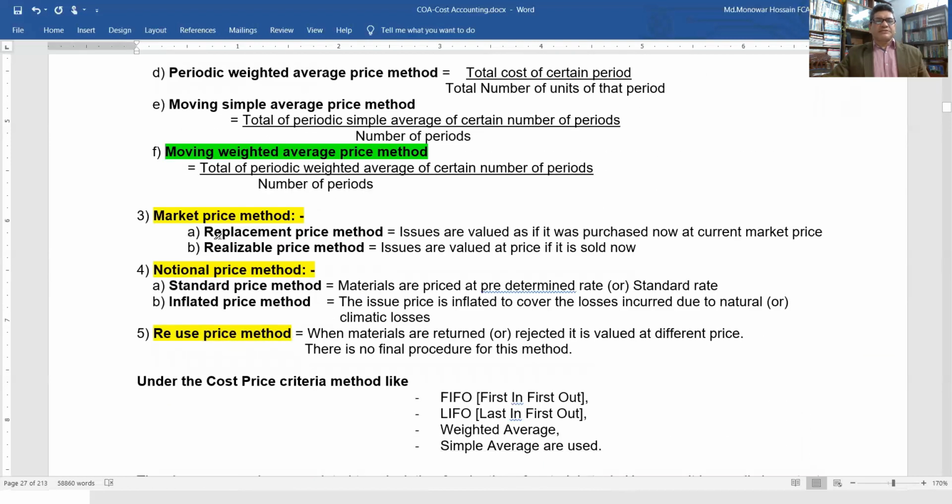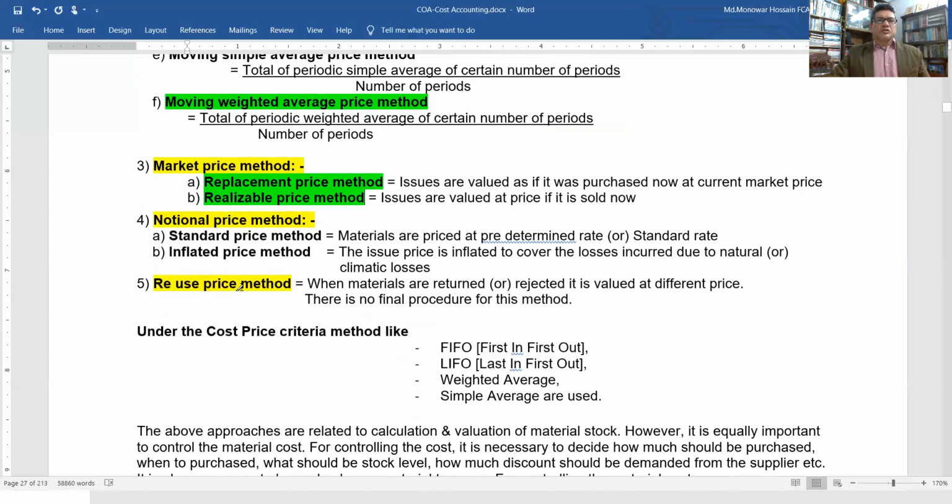Now market price. In the replacement price method, the issues are valued as if purchased now at the current price. In the realizable price method, issues are valued at the price if sold now. The notional price method is a standard price method, where material prices are as per a determined rate or a standard rate.